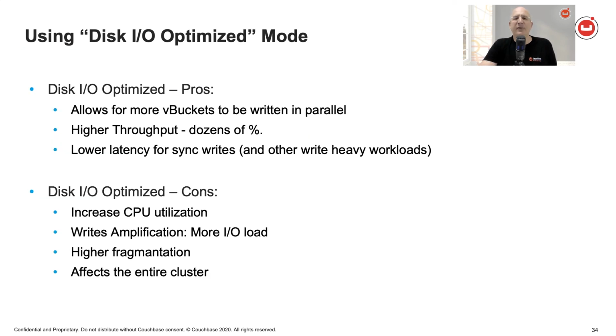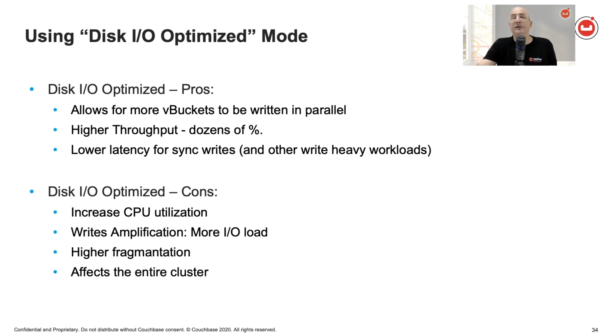Setting the writer threads to disk I/O optimized or increasing the number of threads has pros and cons. On the one hand, it allows for more vbuckets to be written in parallel, and that increases the I/O throughput. You might increase the throughput of your durable operations by dozens of percents and gain lower latency.